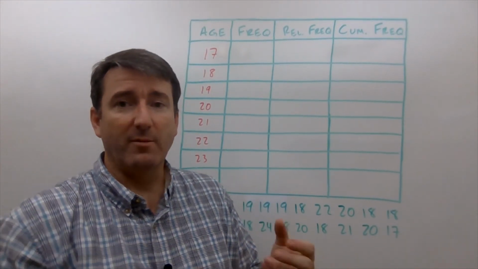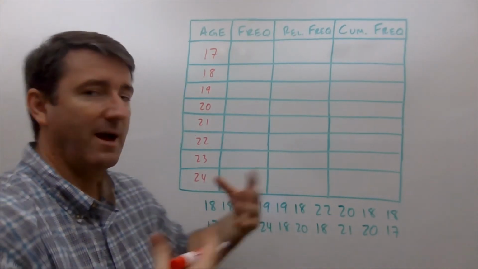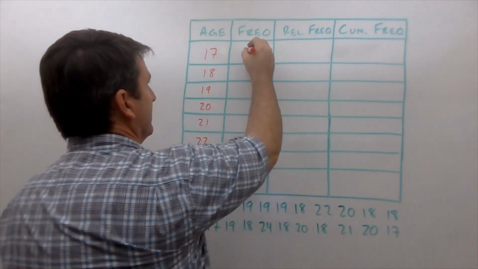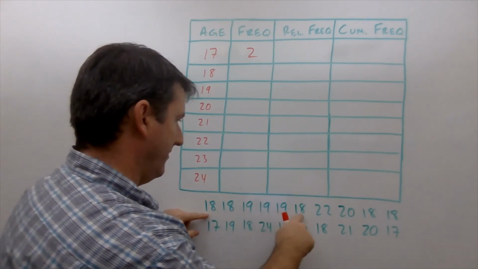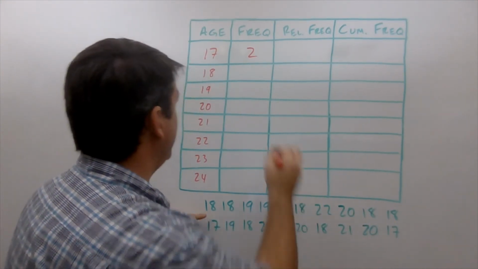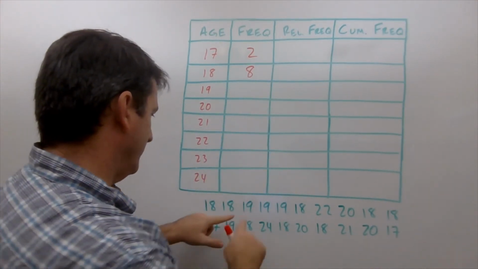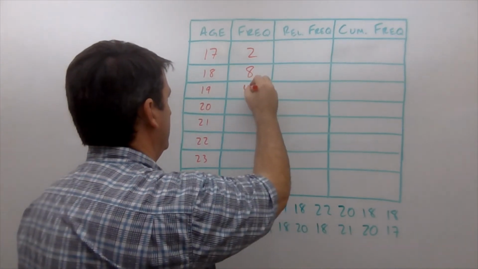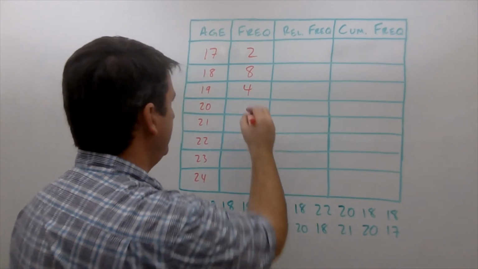Now we need to count up how often or how many 17-year-olds there are, how many 18-year-olds, etc. So there are 2 17-year-olds. 18-year-olds, we've got 1, 2, 3, 4, 5, 6, 7, 8 18-year-olds. 19-year-olds, we've got 1, 2, 3, 4. 20-year-olds, we've got 1, 2, 3.